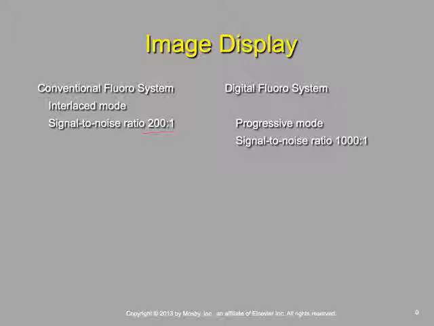So it's fairly good, but there's still some noise there. Versus digital, it's using progressive scan, which is a digital sampling process, digital display process. You don't need to know that really in depth right now. I don't expect you to know these numbers, but the signal-to-noise ratio of digital is much higher, and that's a good thing because it means that there's much more signal than there is noise.